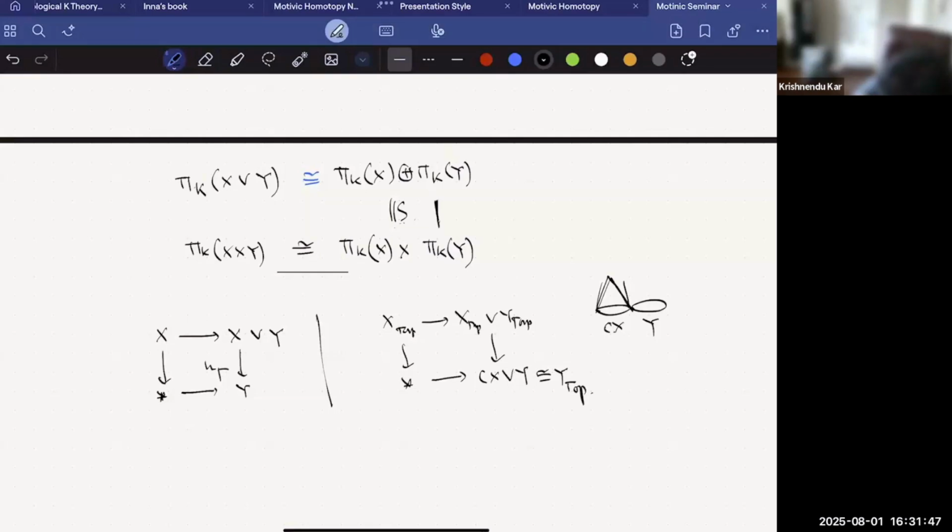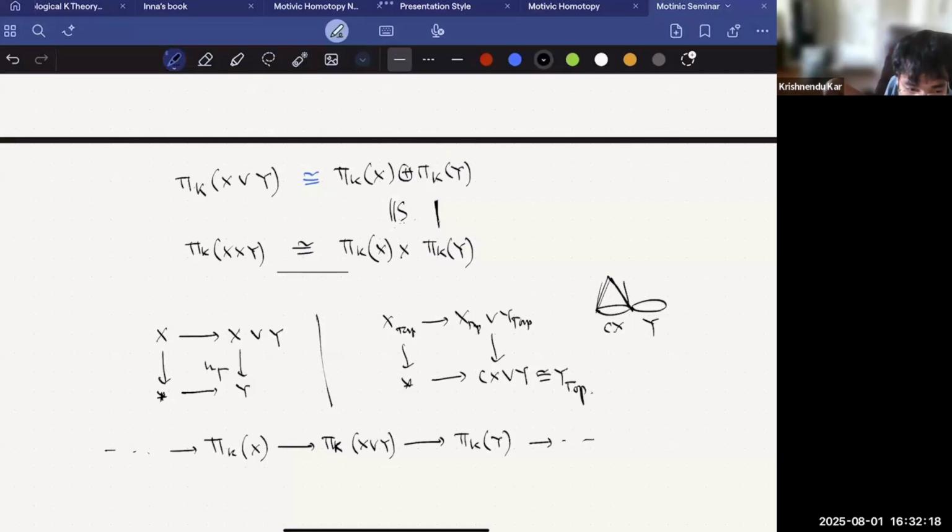And from this co-fiber sequence, you get to have this map, pi_k of X to pi_k of X wedge Y and pi_k of Y, so on and so forth.